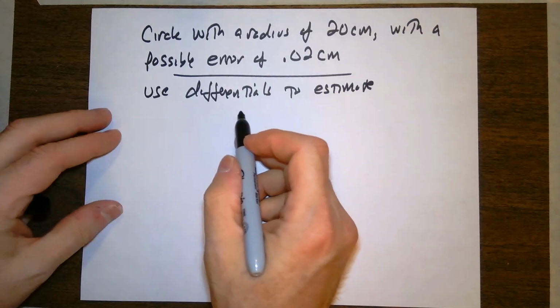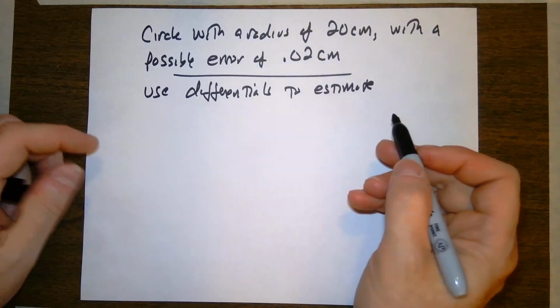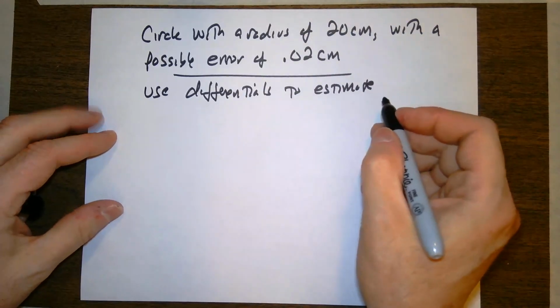We're going to use the differentials to estimate the maximum error and the relative error for calculating the area of this circle.